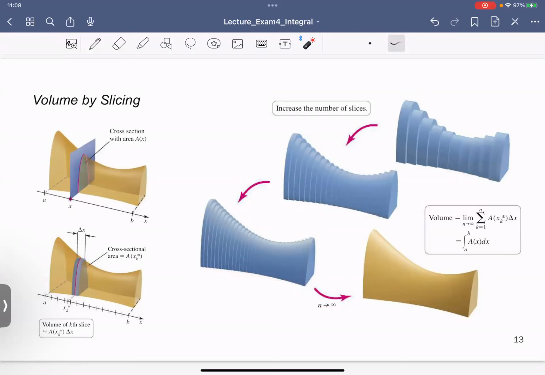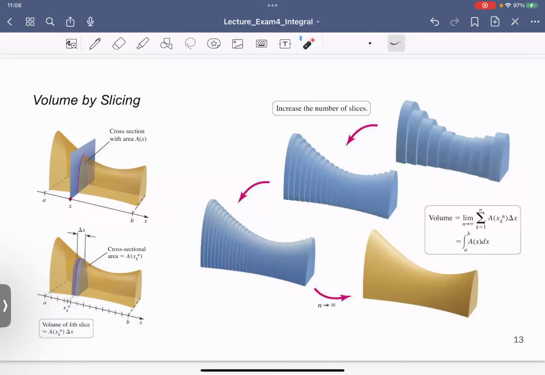If you slice like this, 1, 2, 3, 4, 5, 6, 7, 8, 9, 10, that is only 10 pieces. You're going to have a little bit of error compared to the true volume up here. If you slice 20 pieces, it's a little bit better because the approximation is better. If you slice more, maybe 30 pieces, it's going to be close to the correct volume.